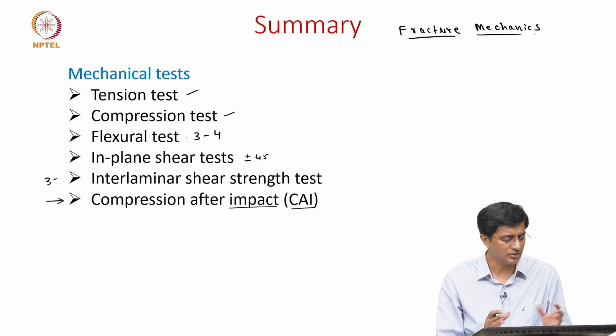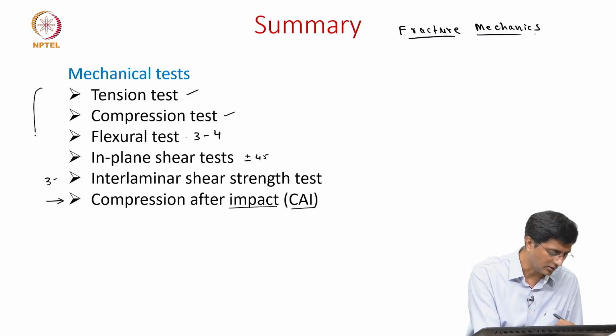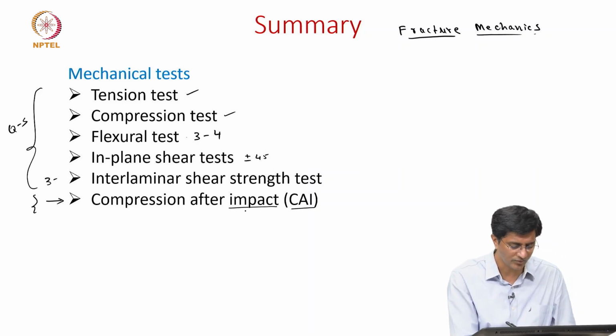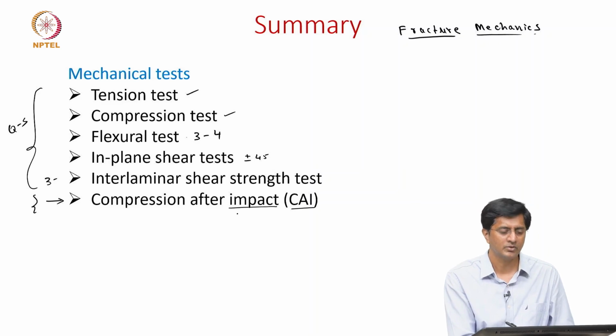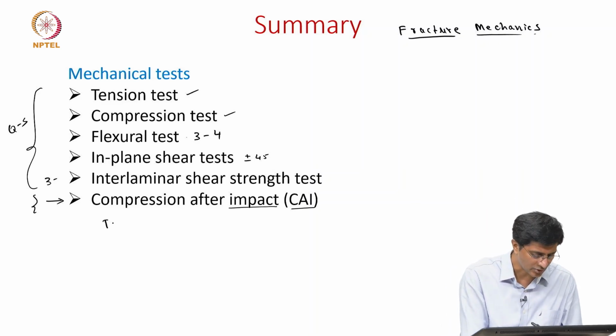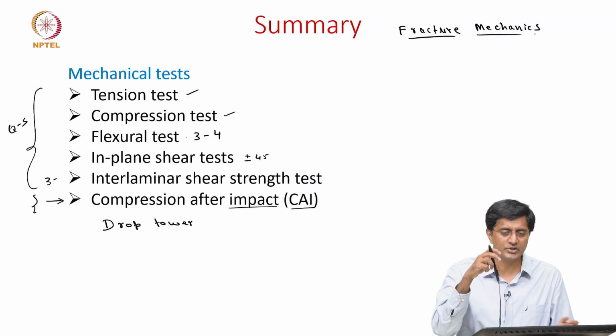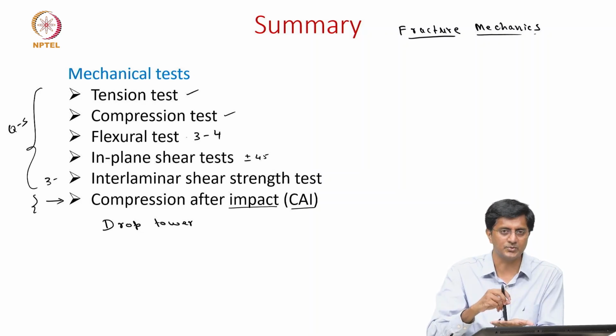In addition to this, here we have limited our studies mostly to quasi-static loads, and the last one is a dynamic load, which is the impact load. There are other methods to apply dynamic loads, one of which is the drop tower, where we have an impactor which is falling on the specimen.